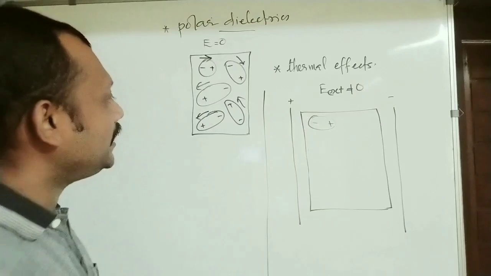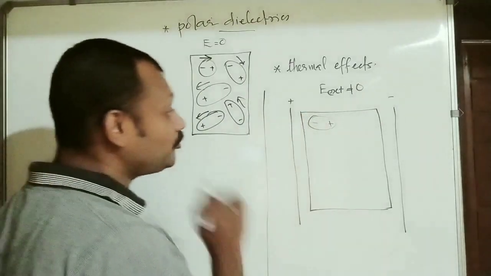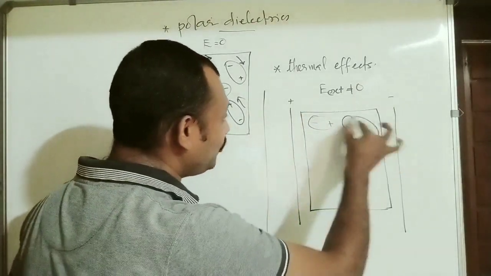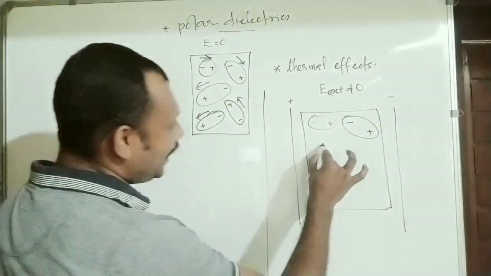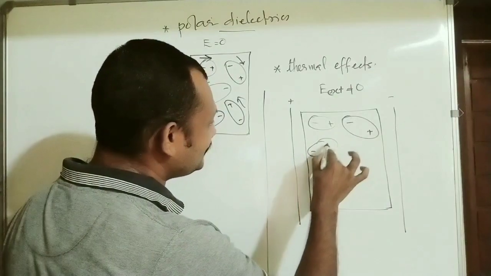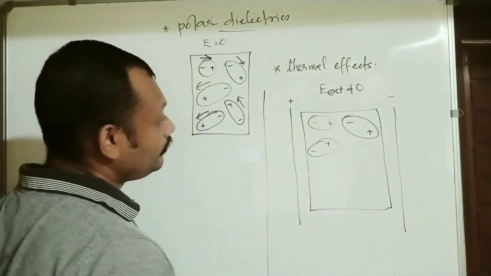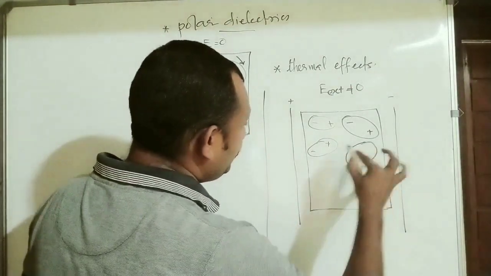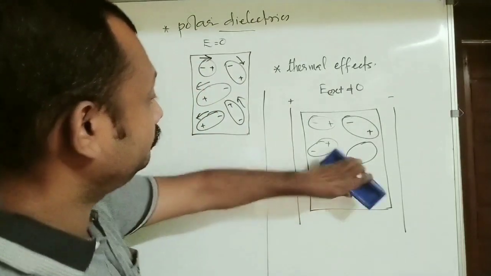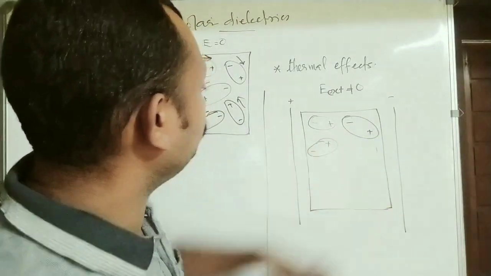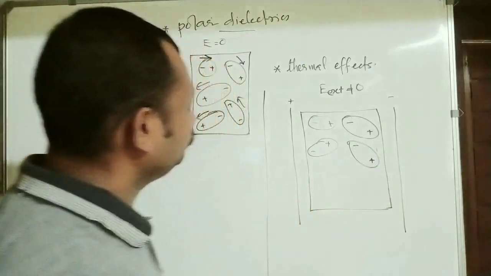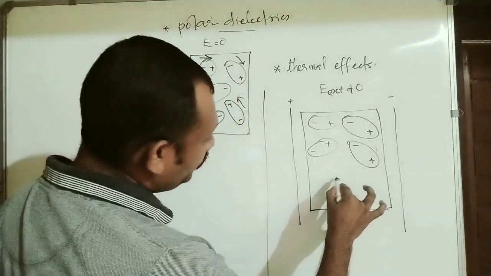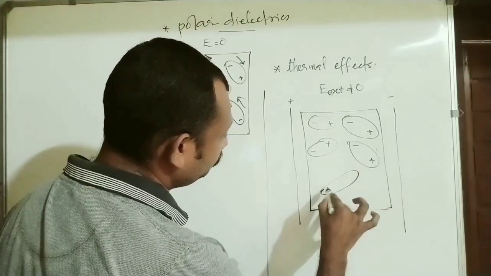Then what will happen? One molecule will be oriented like this. Another molecule may be oriented like this. Another molecule will be oriented like this. Some another will be likewise. Some will be oriented likewise.